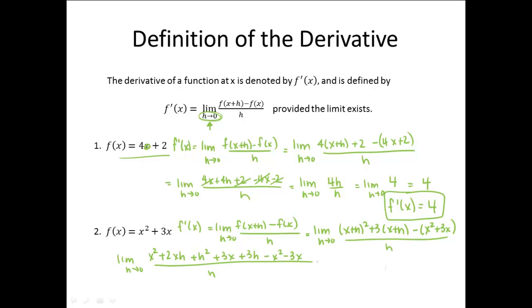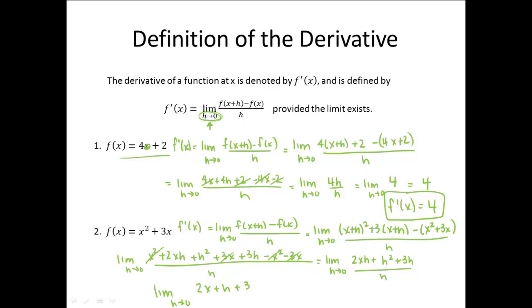In the next step, you'll see the x squared cancels, the 3x's cancel, and I'm left with the limit as h approaches 0 of 2xh plus h squared plus 3h all over h. I'm able to factor an h out of everything, which will eliminate the h in the denominator. So I'm going to have the limit as h approaches 0 of 2x plus h plus 3.